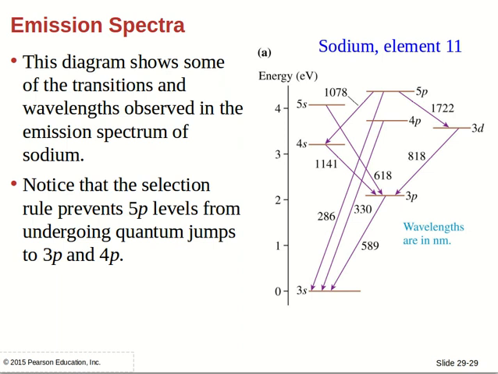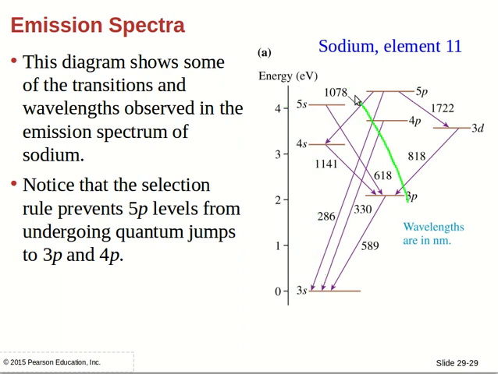Notice the ground state of sodium has its valence electron in the 3s shell, and so if we put it into any excited state, it can make its way back down to the ground state by negotiating whatever transitions and levels are available that abide by this angular momentum rule. So let's just say, for example, we put the sodium in the 5s state. It cannot make a transition to the ground state. That's not allowed, because that would be an S to S state, and according to the delta L equals plus or minus 1 rule, that's not allowed.